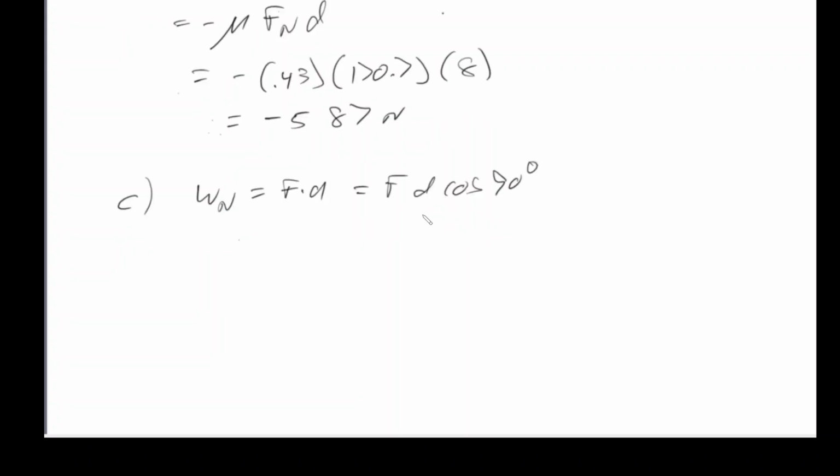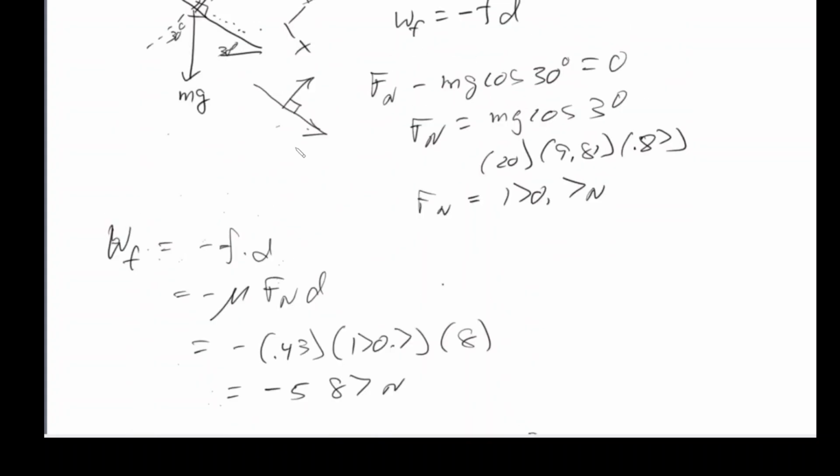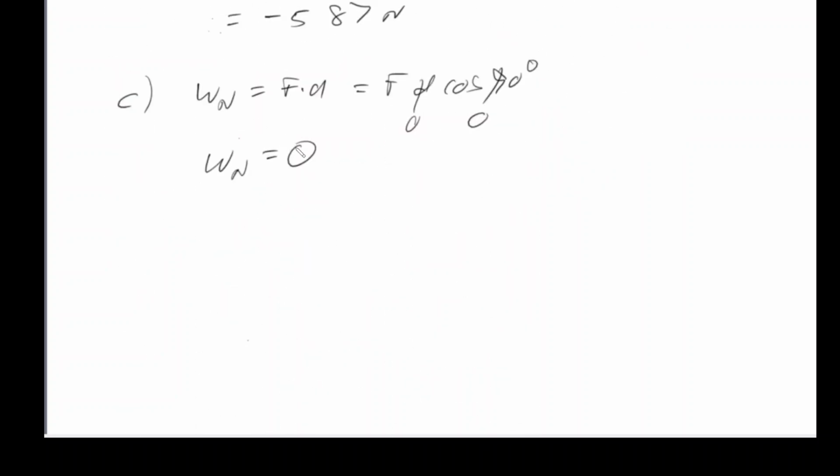Well, the boy is not moving in the direction of normal force, or even the opposite direction. It moves 0 in the y direction, so that's 0. And the cosine 90 is 0, so the normal force work is 0. We could have known this just by looking at the free body diagram, because the normal force is 90 degrees to the direction of motion, and we know then that no work is done in that situation.